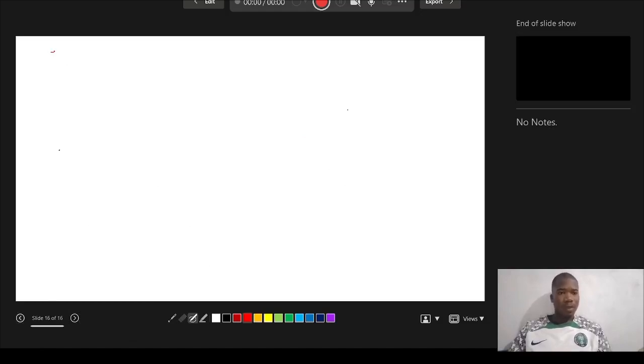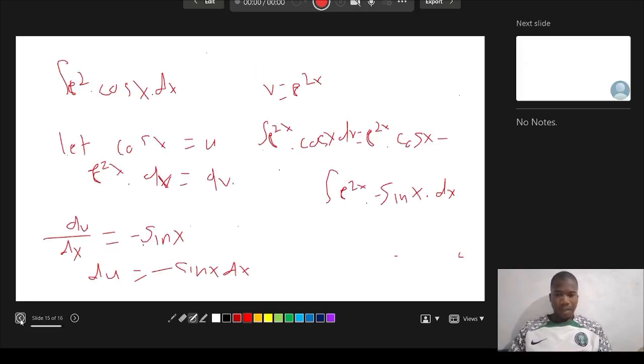So as we proceed, our problem goes as the integral of e to the power 2x multiplied by sine x dx is equal to e to the power 2x multiplied by sine x minus e to the power 2x multiplied by cos x, right?